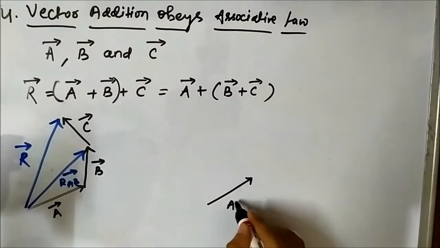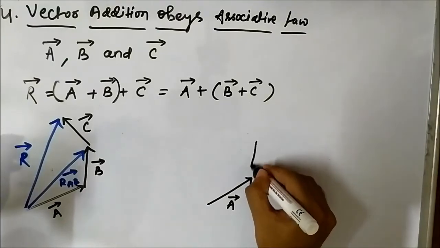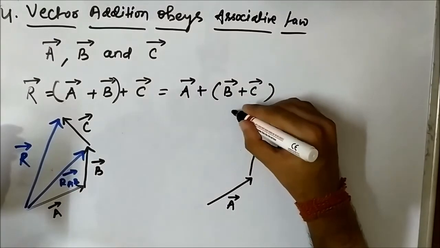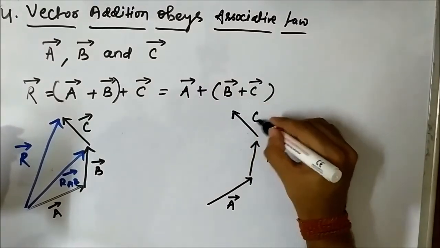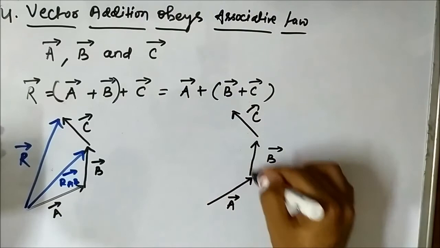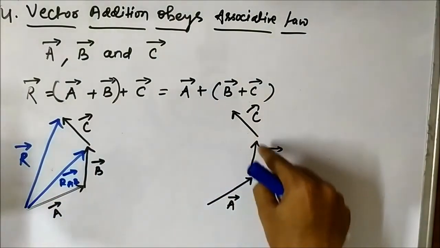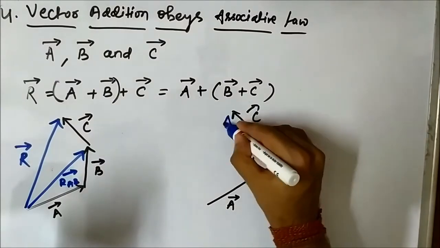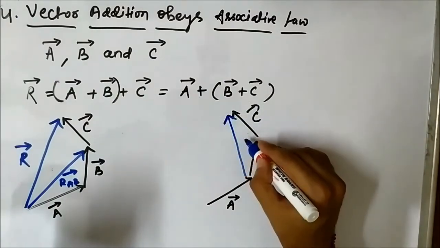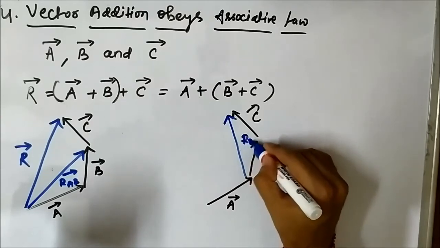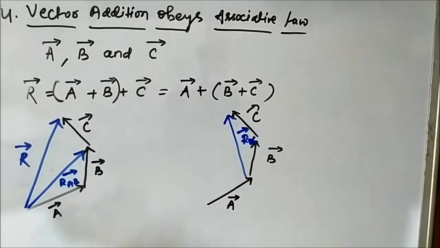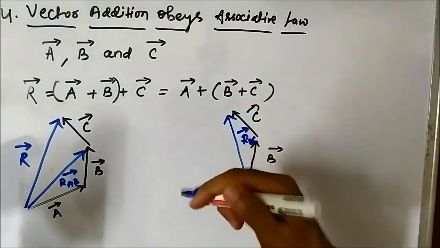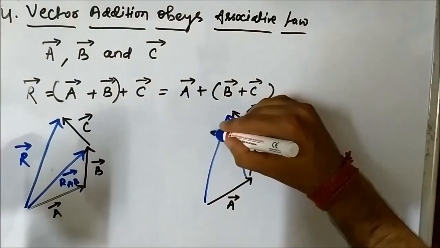In this way, if we do again the same thing, a vector, b vector, c vector. So first if we add b vector and c vector, the resultant will be this. It is r b c. Then with r b c, the resultant of b and c, we add a vector, then this will be the resultant r.